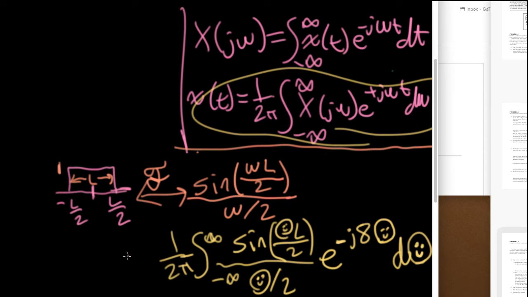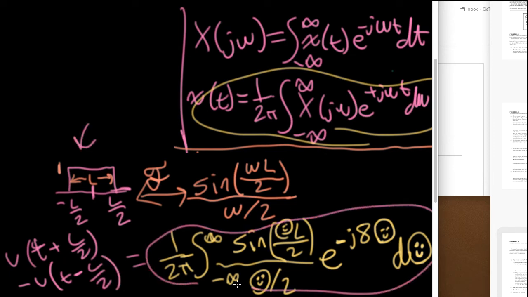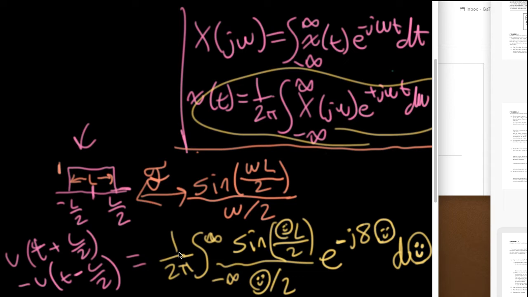So what would this guy be? Let me go ahead and write it out as u's here: U of t plus L over 2 minus U of t minus L over 2. It looks like we're taking an inverse Fourier transform, and that would be obvious if I changed all of these smiley faces into omegas.